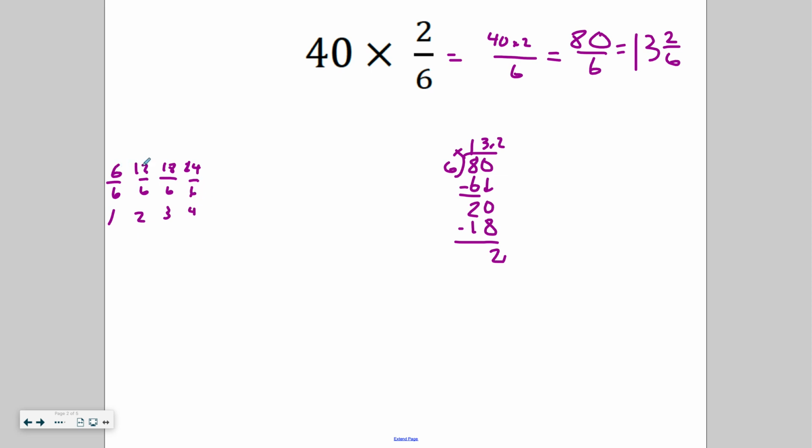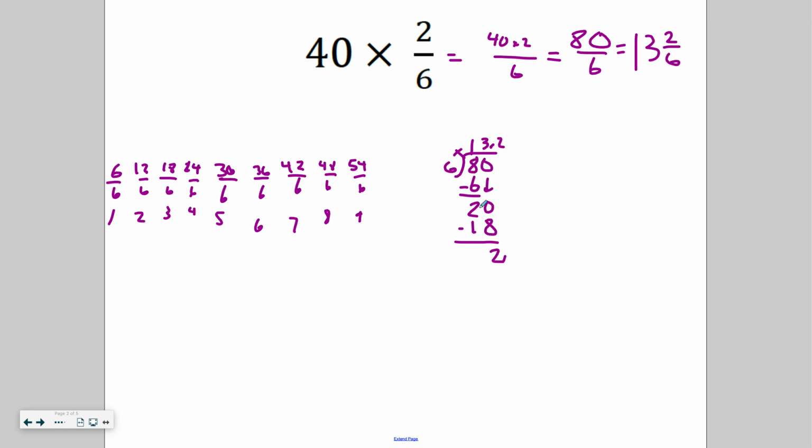If you notice, I'm just doing the multiples of 6, right? 30 sixths is 5 wholes, 36 sixths is 6 wholes, 42 sixths is 7 wholes, 48 sixths is 8 wholes, 54 sixths is 9 wholes.